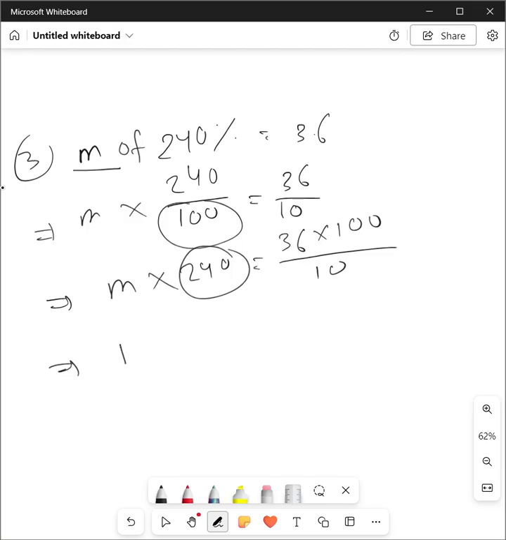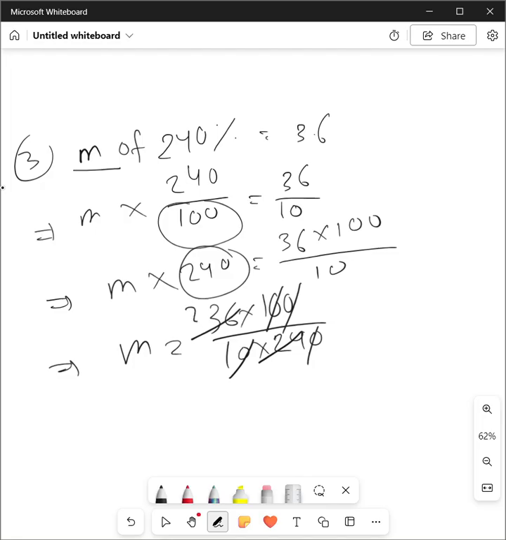M is equal to 3600 divided by 10 multiplied by 240. So the zeros cancel, and 24 can be divided to give 2. We are dividing both by 12.